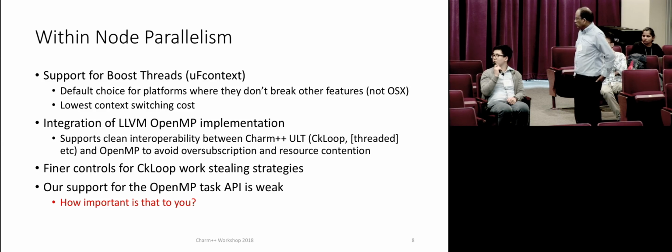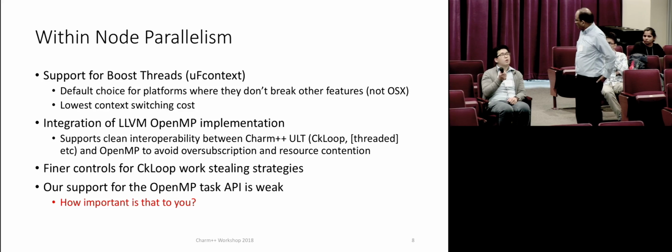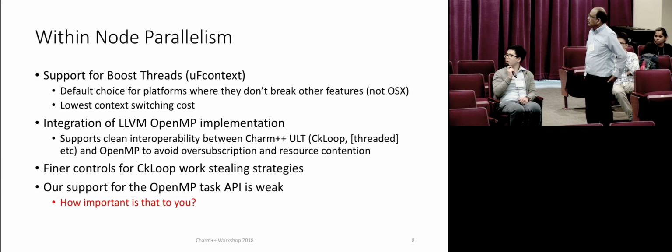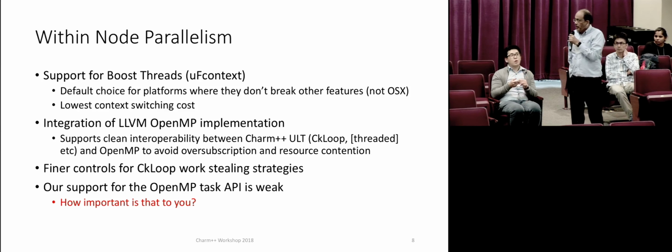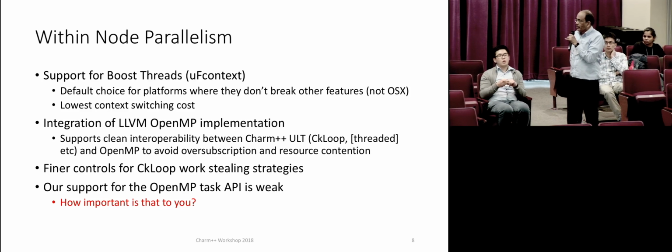It should work as it is. Yeah, I think it should work. The OpenMP implementation is riding on top of LLVM's OpenMP implementation. We just use a team consisting of user-level threads and steal those user-level threads. So it will do pretty much everything.